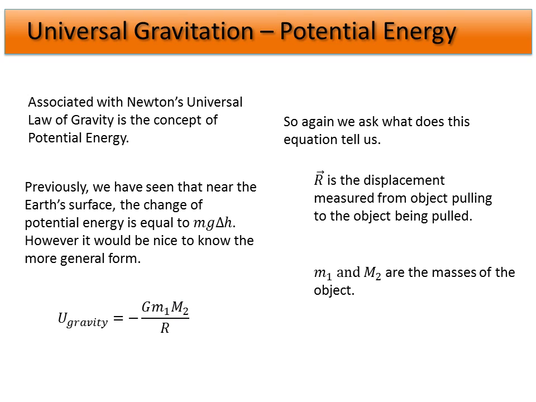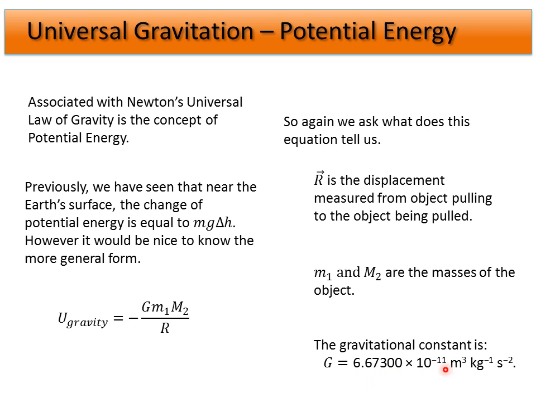So we still have these two masses showing up. We still have that value of G. We could work through the same details again to show that this equation works near the Earth's surface, but it's just something that we have to do. So this is our more general equation, and we apply it really the same way we applied Newton's universal gravitational force.